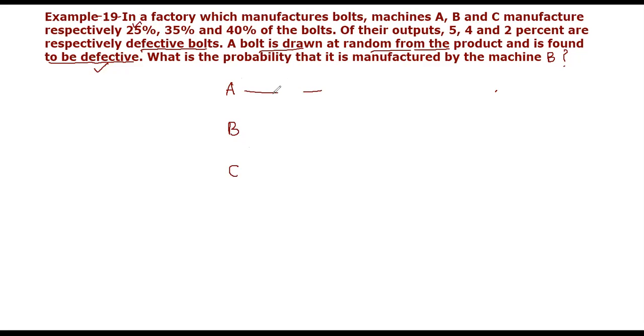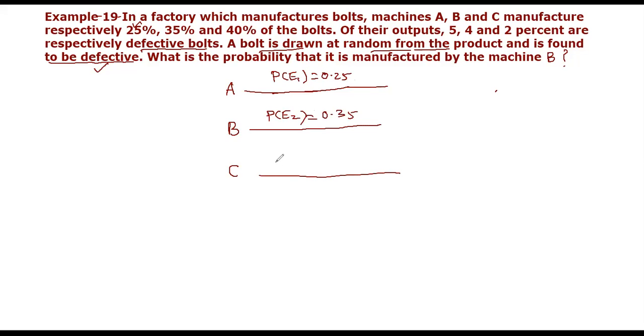So probability of machine A is 25%, you can write 25 upon 100, or convert into decimal 0.25. The probability of machine E2 is 35%, so 0.35. Similarly, the probability of manufacturing the bolts by machine C is 0.40.